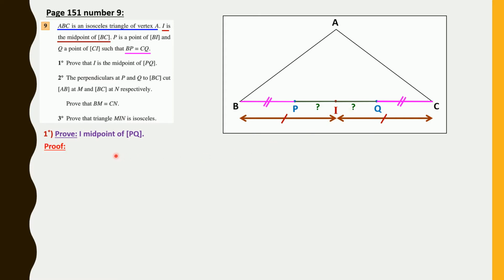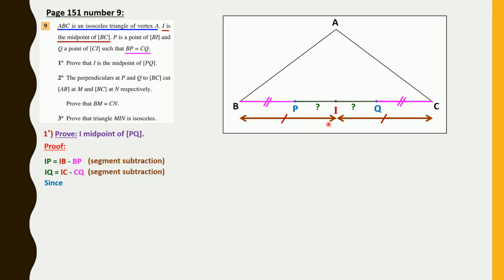So proof: IP is equal to IB minus BP, segment subtraction, and IQ is equal to IC minus QC, segment subtraction.